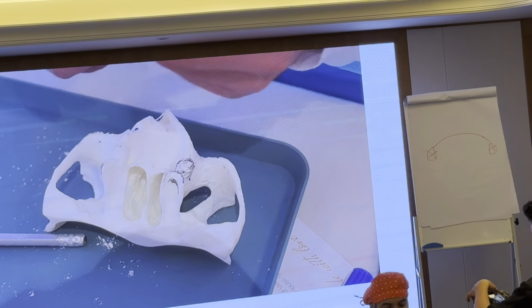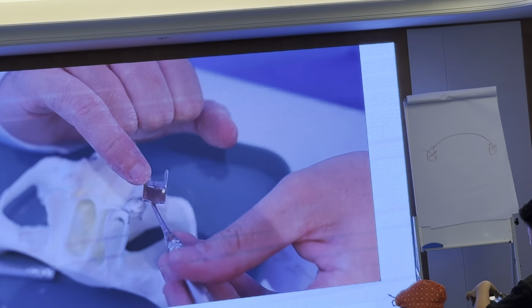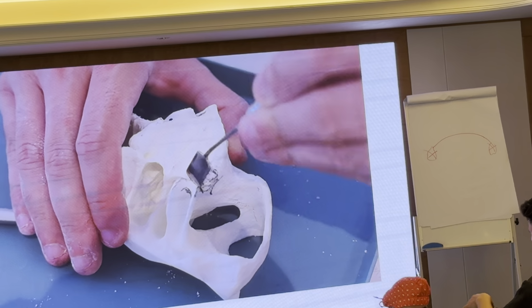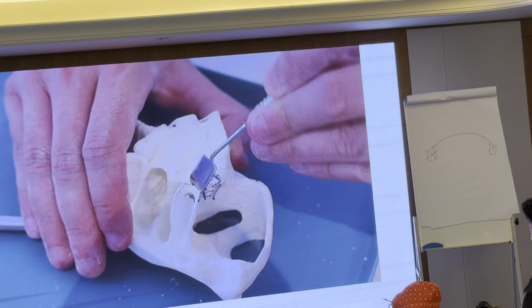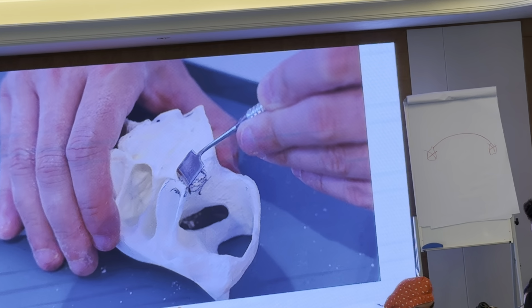So this is the left side, so I take the part of the retractor with the L, I put it behind the tuberosity, I move lateral medial, because I'm digging inside the soft tissues, and this retractor will be stabilized. Okay?